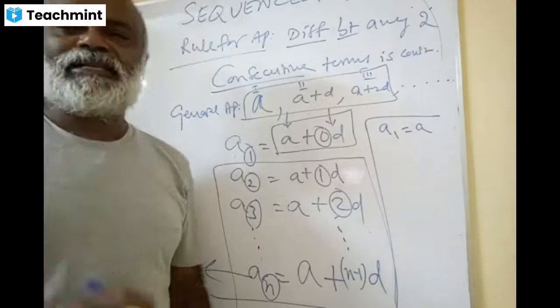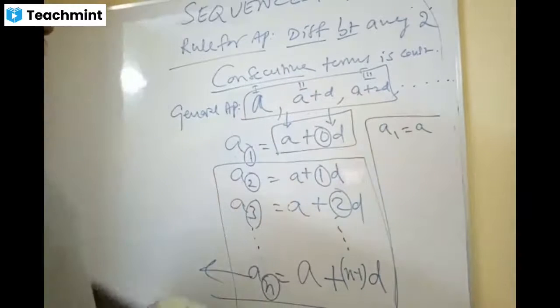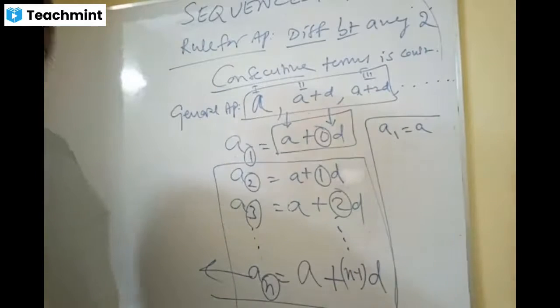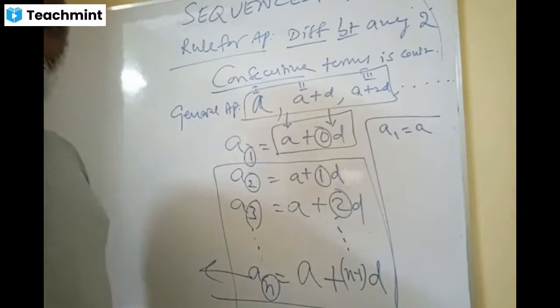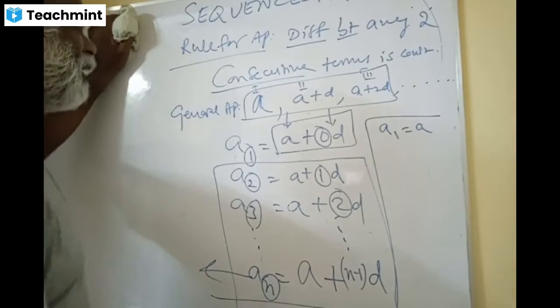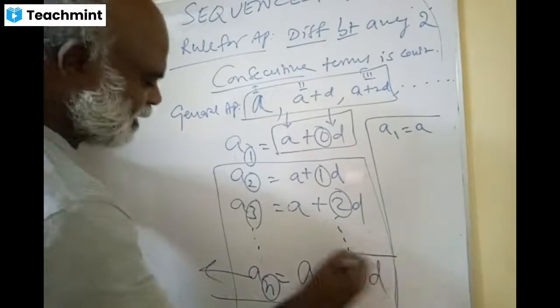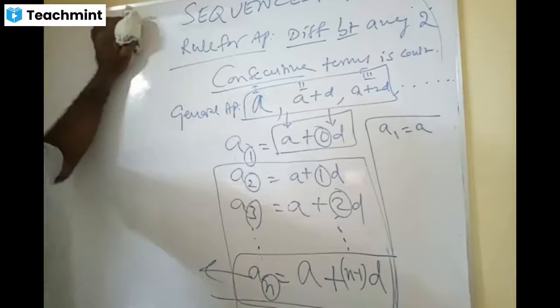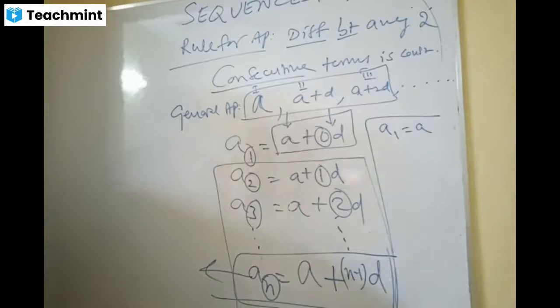I hope this is clear, right? So the nth term of an AP is a plus n minus 1 into d.